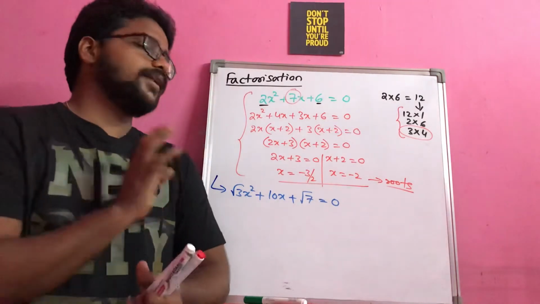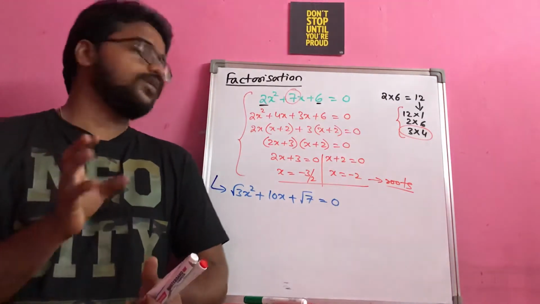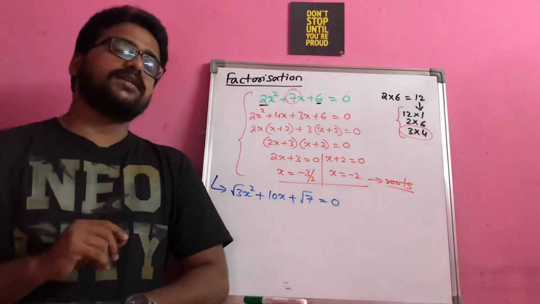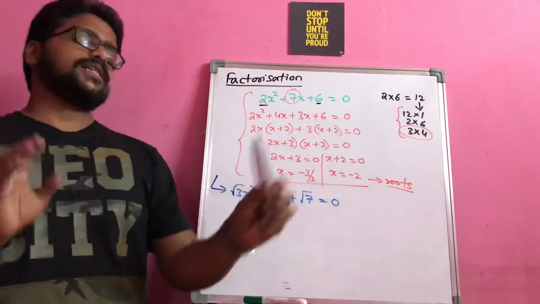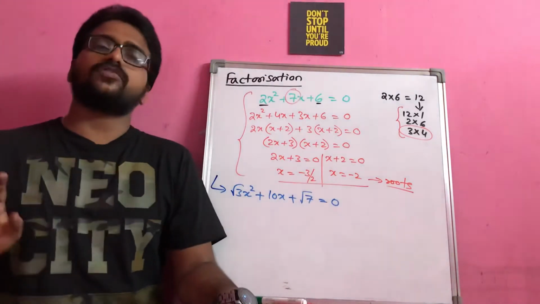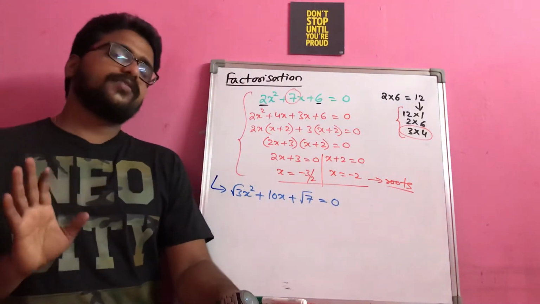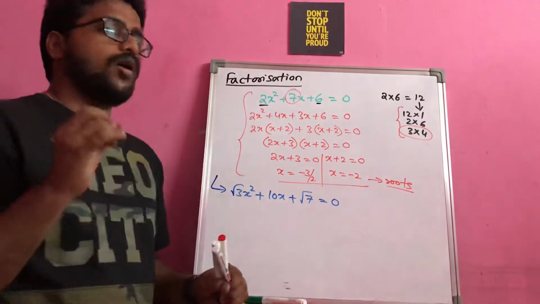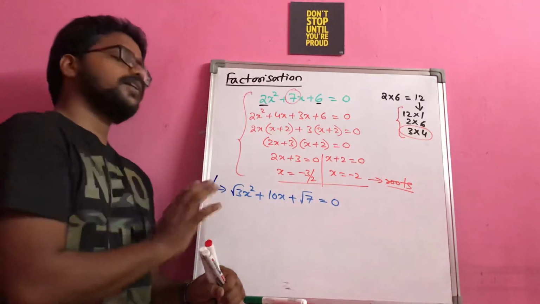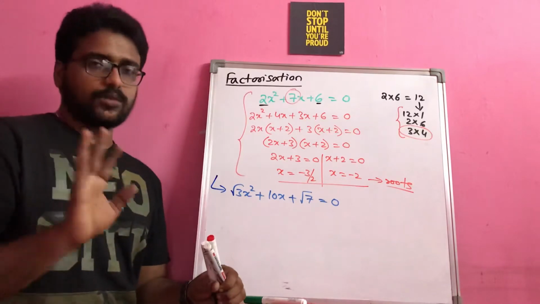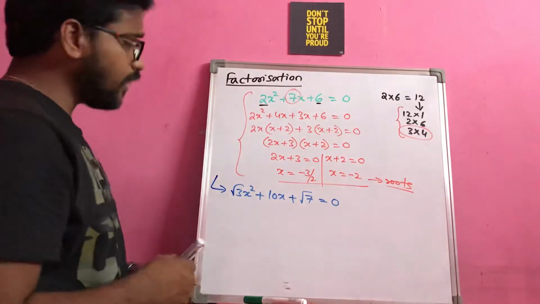Here they are asking you to solve this quadratic equation using the factorization method, so we follow the same approach. There is no difference in the approach. The only difference is that in the previous question you had normal numbers as coefficients or constants, whereas here irrational numbers exist.